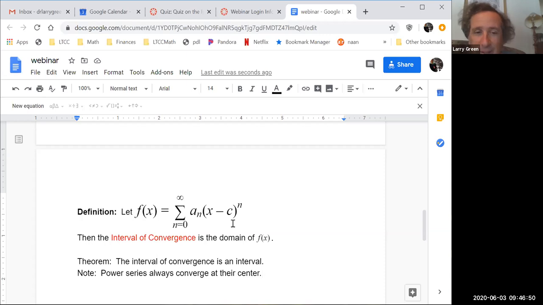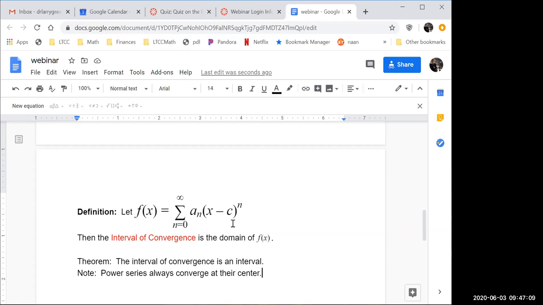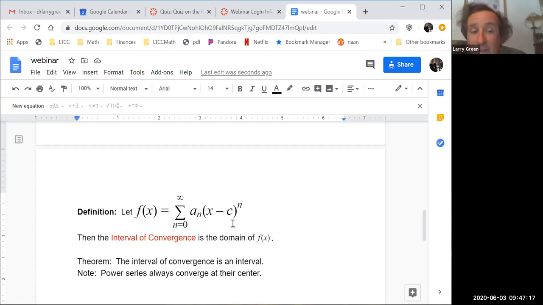But it's very important to look at. It should be obvious when you look at the definition equation. What happens if you plug in c for x? You get a sub n, not a sub n, but you get a sub 0.